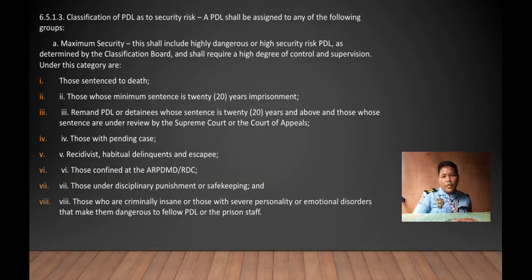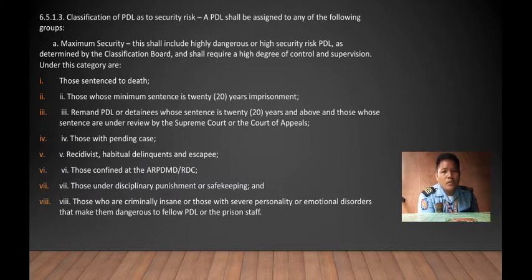So we have here classification of PDL as to security risk. A PDL shall be assigned to any of the following groups. We have maximum security, which means this shall include highly dangerous or high security risk PDL.